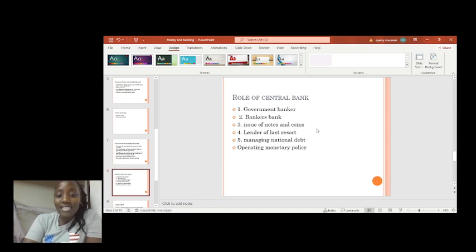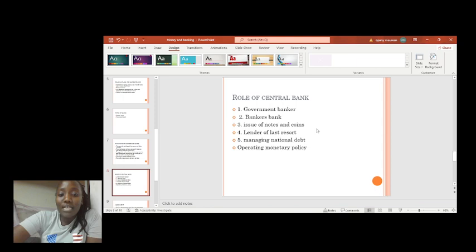And then the fourth point is lender of last resort. When you talk about lender of last resort, we are talking about commercial banks often having sudden needs for cash, and one way of getting it is to borrow from the central bank. So the commercial banks usually borrow money from the central bank.